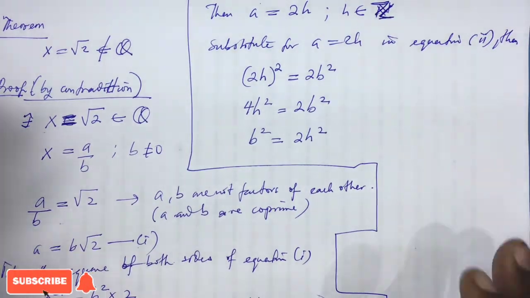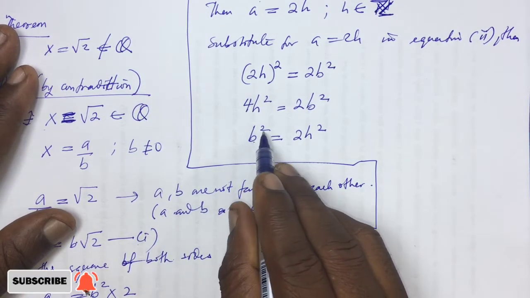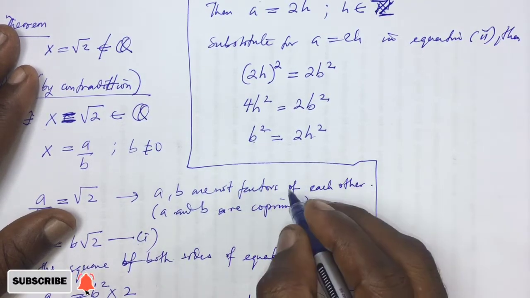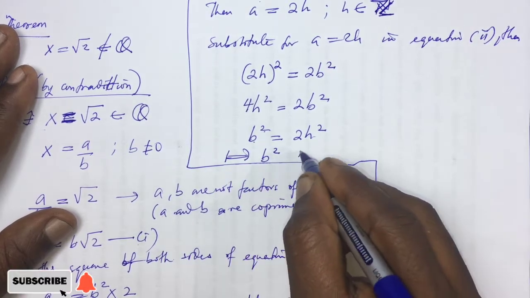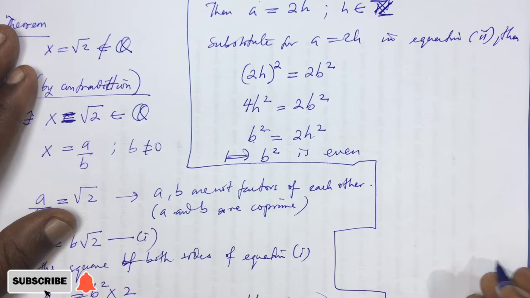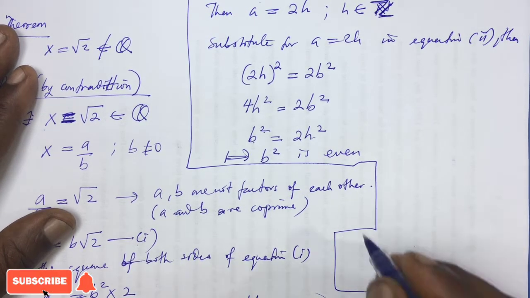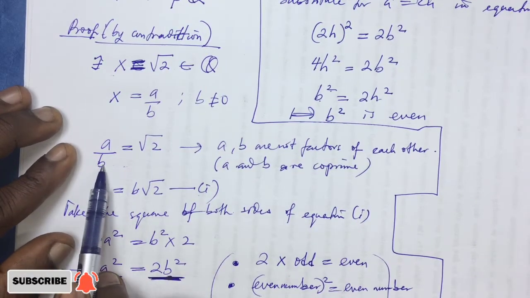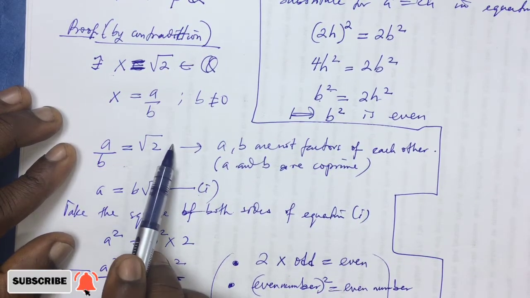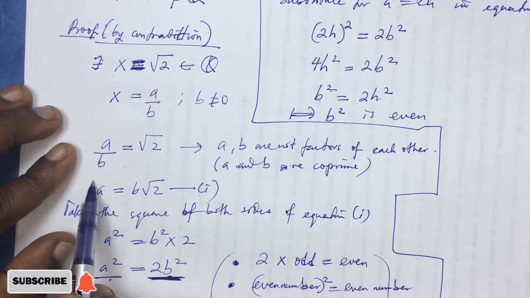Now, what does that tell you about b also? Because you can express b squared as 2h squared, it means that b squared is even. Now, note one thing. We earlier stated that a over b equals square root of 2 is the simplest form, meaning that a and b have nothing in common.